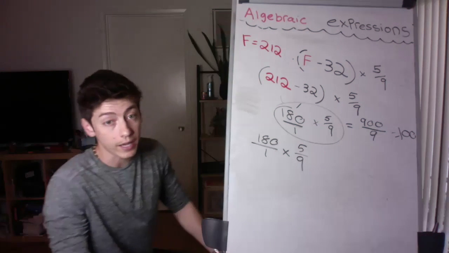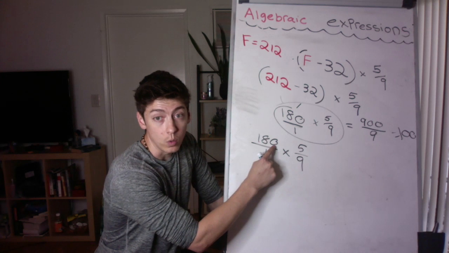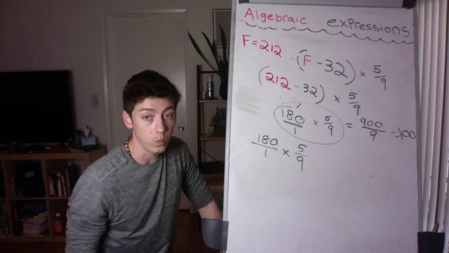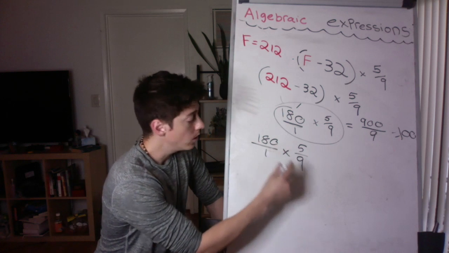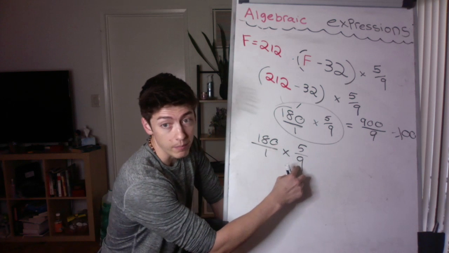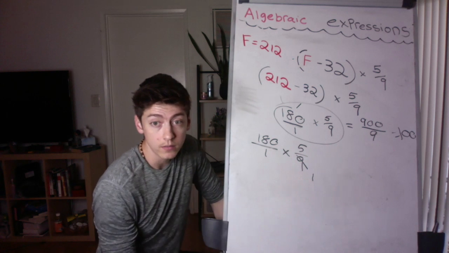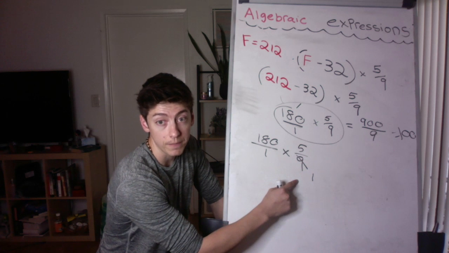And this is what it's going to look like. 9 can actually fit into 180 evenly, no remainder. So what does this mean for us? If I can divide 9 into here, let's first divide 9 by 9. If we divide 9 by itself, that's going to be 1. Well, that's going to be a much easier problem to multiply because that's just 1 times 1.